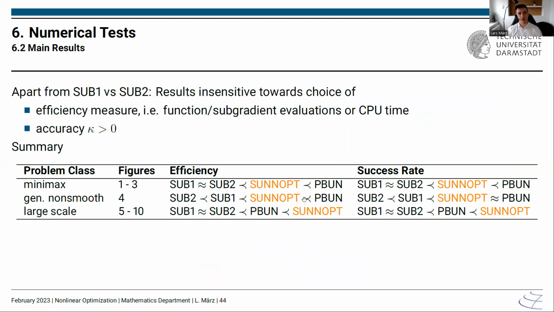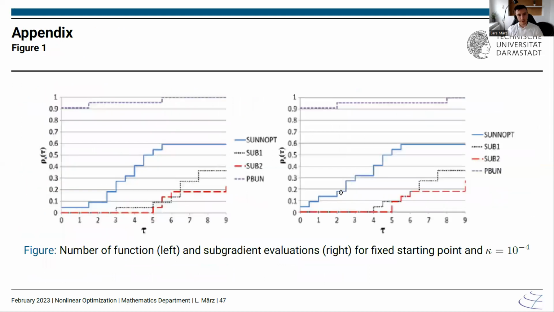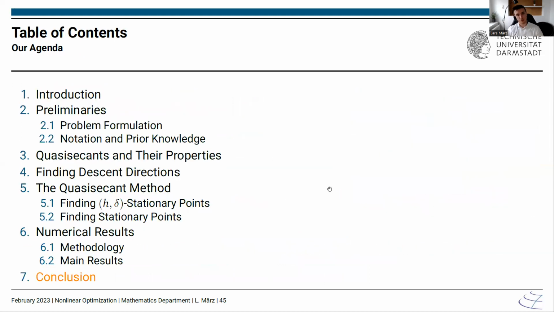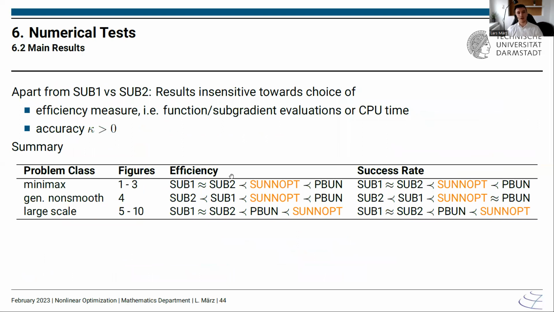Yeah, but I will provide the visuals from the paper in the end for you, but you can more or less summarize them as follows. As you know, we chose this kappa accuracy, and we also chose the metric we counted, so function evaluations, subgradient evaluations, or CPU time.